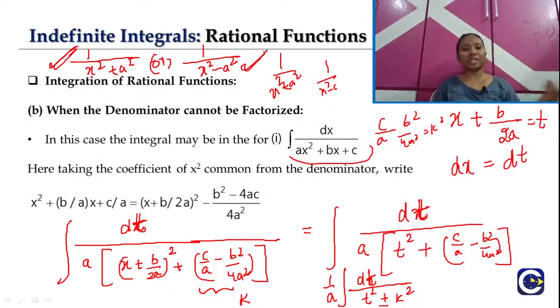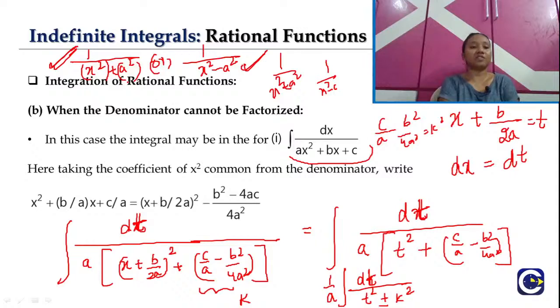That's the only reason we follow this methodology and rewrite the given denominator of a rational function in such a way that we end up with 1 by x square plus a square or x square minus a square. Whatever the x is, it should be a variable, and the other will be a constant. In place of x and a it can be any other symbols, but x should be a variable and the other should be a constant. So that's the whole thing here.